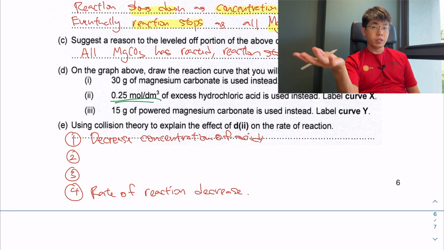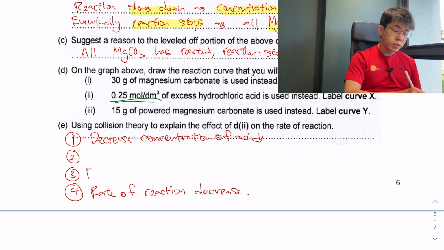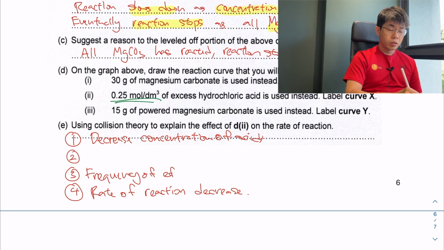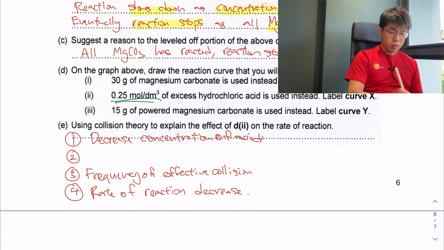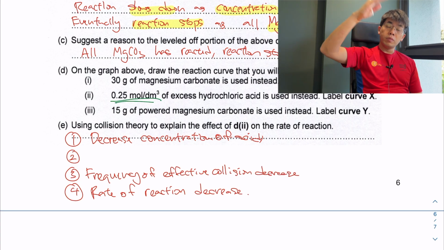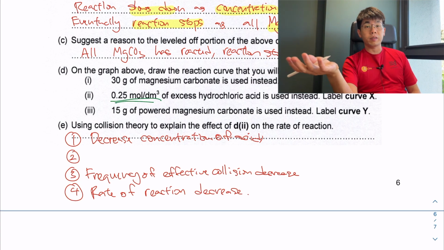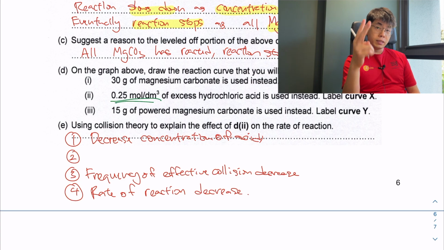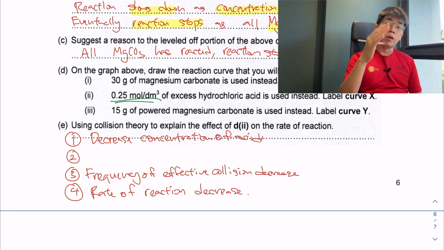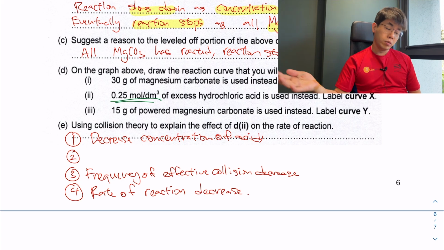If rate of reaction decreases, it means that frequency of effective collision also decreases. So decreased concentration means rate of reaction decreases, and rate of reaction decrease means frequency of effective collision decreases. Then step number 2, we need to remember concentration relates to the number of reactant particles per unit volume.